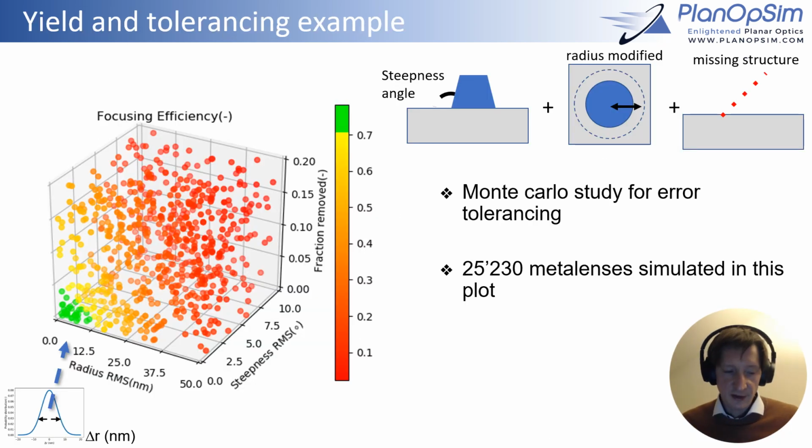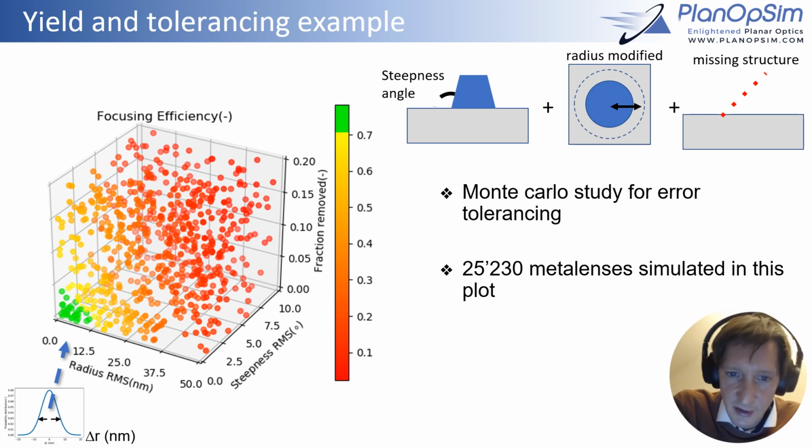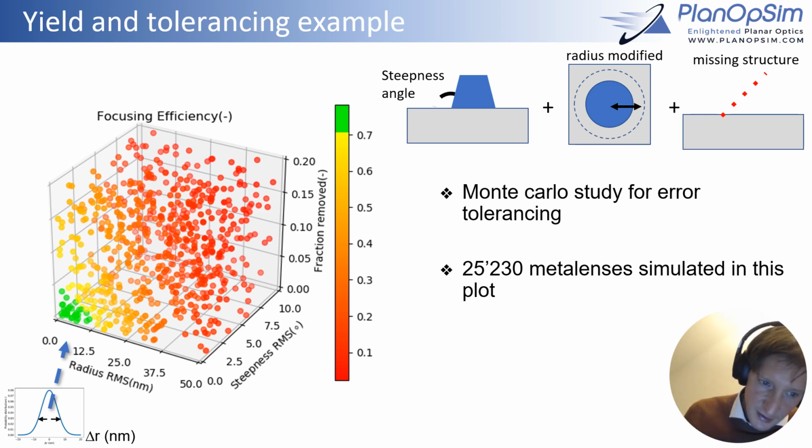One of the effects we can of course also study using a Monte Carlo example is to look at the combination of different error modes at the same time. So in this plot, for instance, we compare 3 modes of errors: the change of sidewall angle, the change of radius size, and entirely removing some of the structure. And in this plot, each dot represents an ensemble of meta-atoms which was simulated with different levels of these 3 aberrations combined.